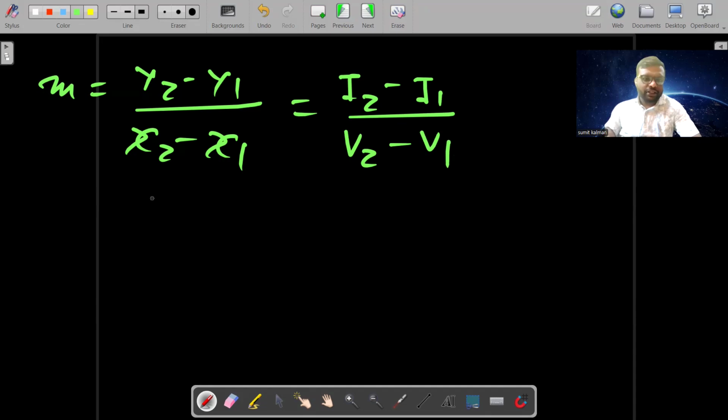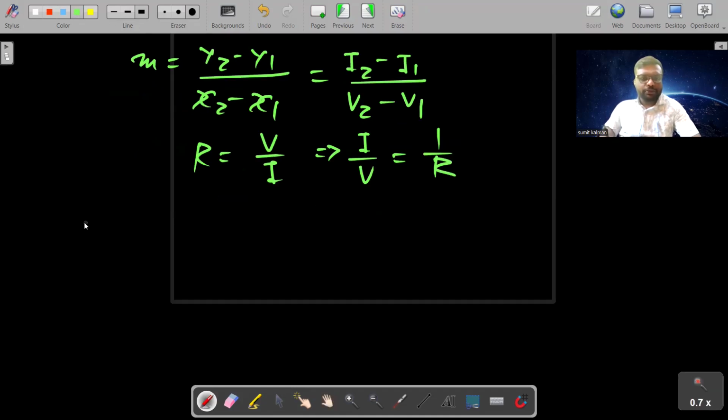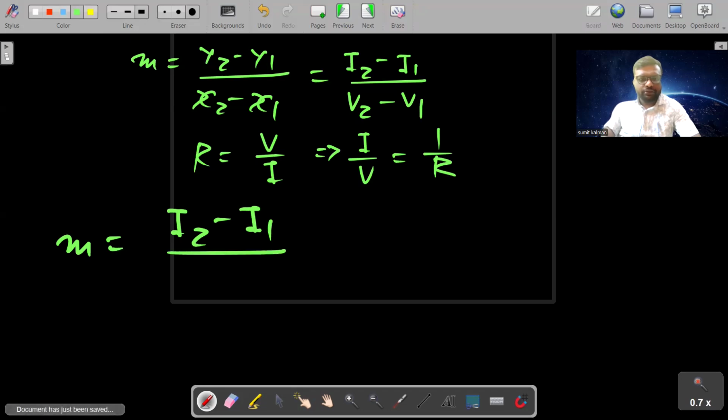And students, our resistance is R is equal to V upon I. And if we take I upon V, it will become 1 upon R. So here students, our slope m is equal to I2 minus I1 upon V2 minus V1.